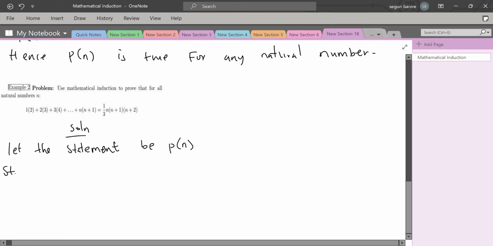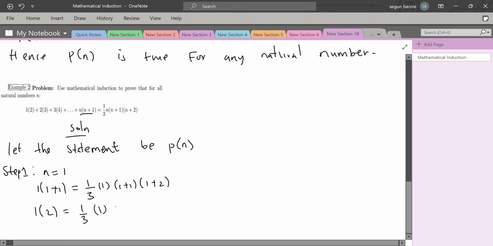Now, what is step 1? Step 1 is to prove that the statement is true for n equals 1. So for n equals 1, you can just use the nth term. So we have 1 into 1 plus 1. We want to show that this is equal to 1 over 3 into 1, 1 plus 1, then 1 plus 2. This is 1 times 2 plus 1 over 3 times 1 times 2 times 3.